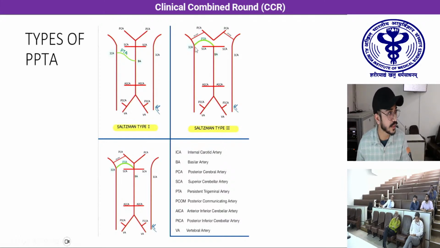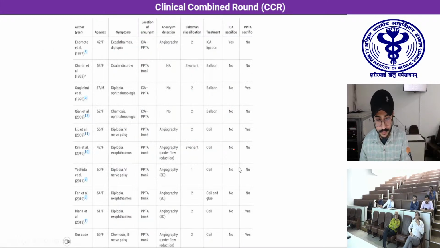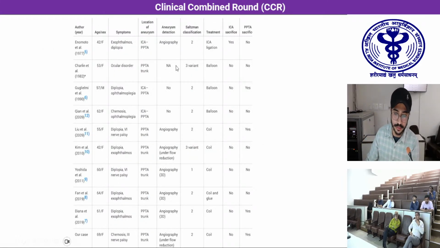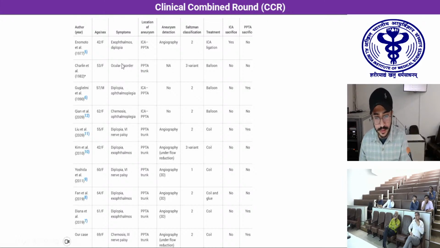To note here is the fact that in these cases you have to preserve the PTA because it is the only artery solely supplying the SCA, and if we sacrifice the PTA in this case, the basilar circulation is going to go and there is going to be a big pontine infarct. And then there is type 3 where the PTA is communicating between the ICA and SCA. These are the various case reports from different authors who had treated similar cases.